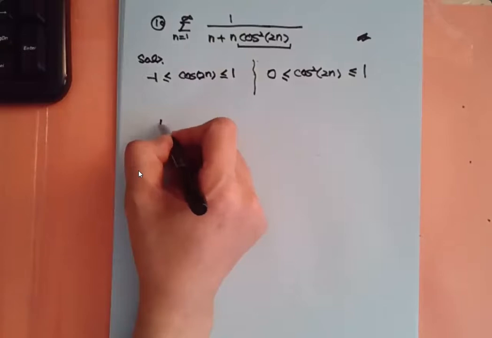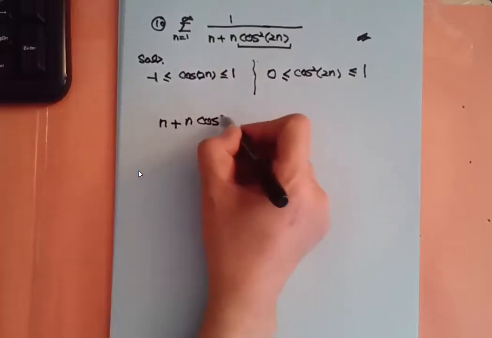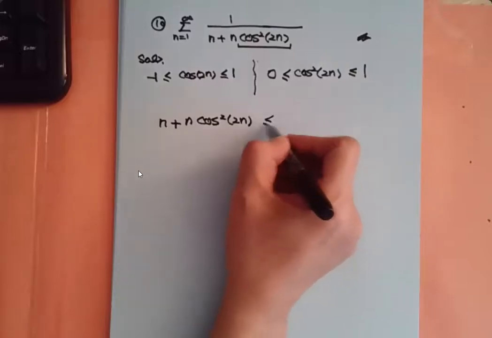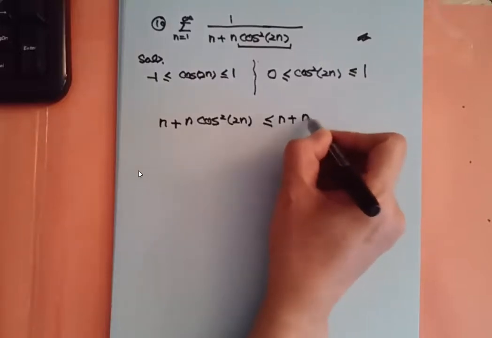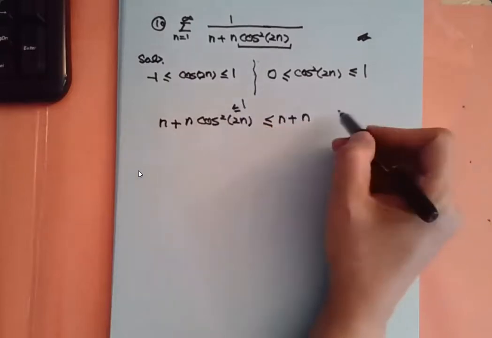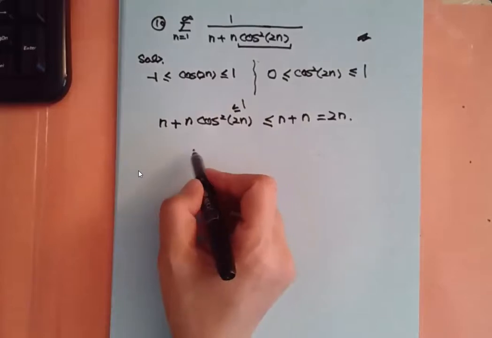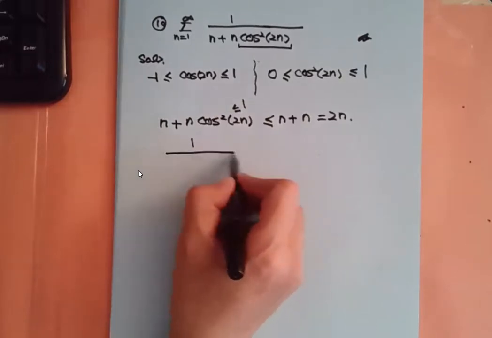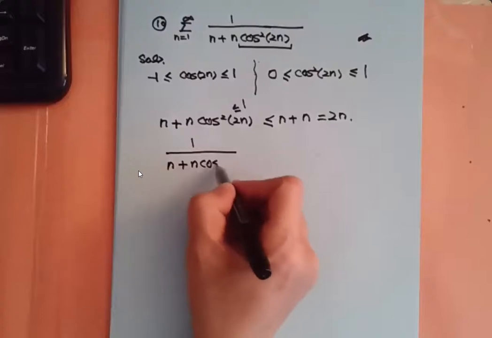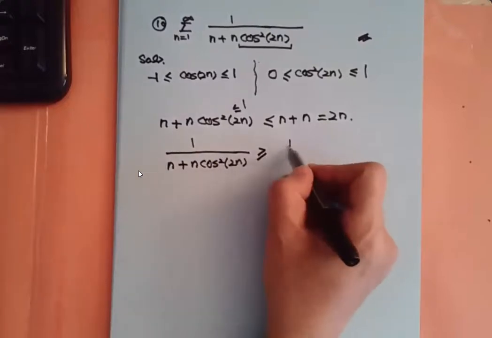So when we think about the denominator, n plus n times cosine squared of 2n, that is bounded by n plus n. Because this one is less than or equal to 1, that is 2n. And then when we think about 1 over n plus n times cosine squared of 2n, that is greater than or equal to 1 over 2n.